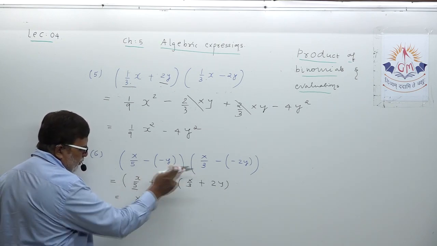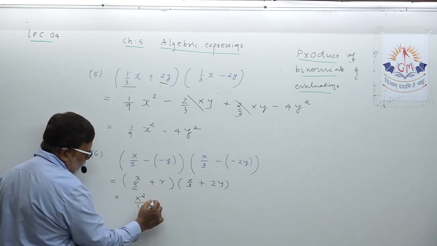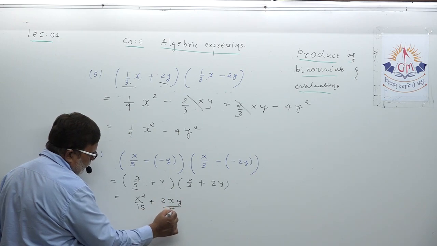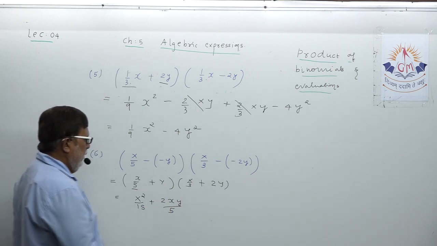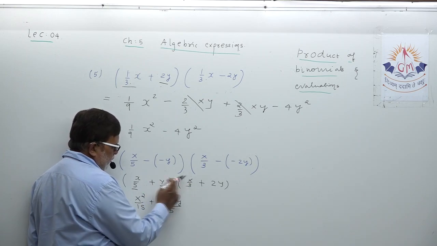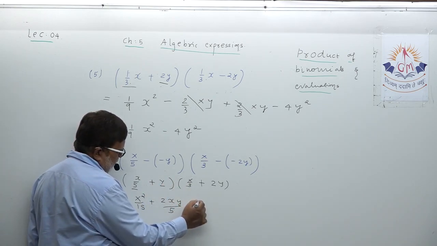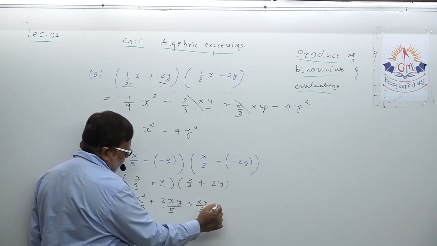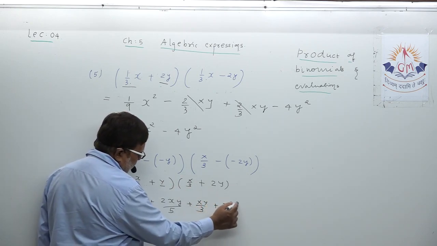Now multiply with this. So in the numerator 2xy upon 5 in the denominator. Now you multiply the second term with this, x into y, that is xy, and upon 3, plus 2y square. Okay.